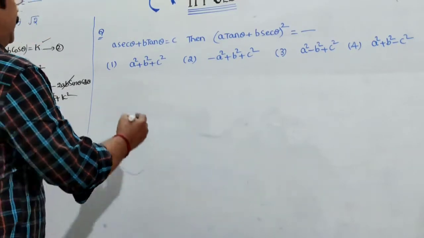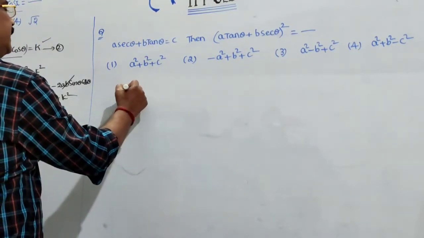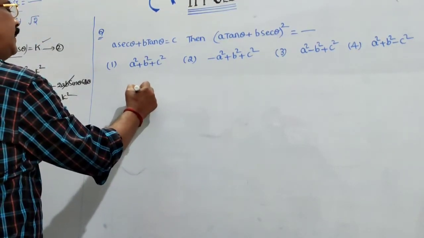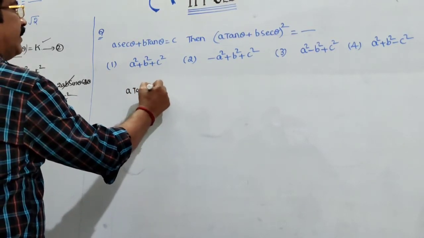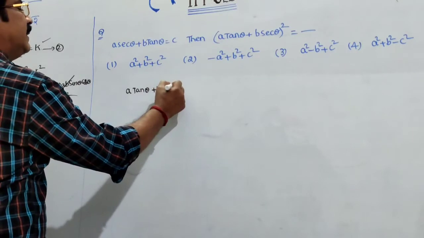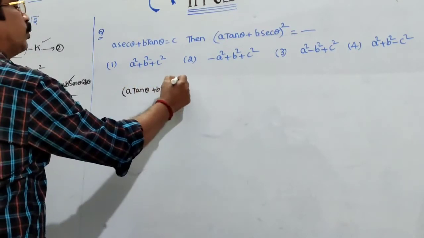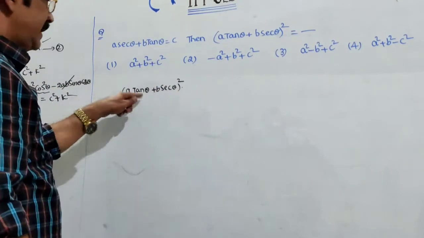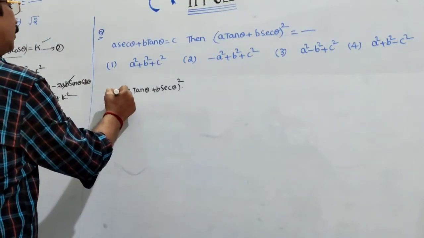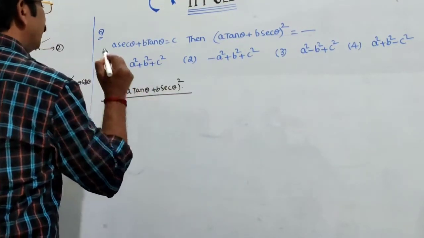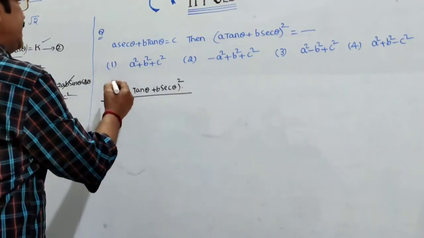Understand? Right. Let us consider (a tan theta plus b secant theta) whole square. We have to find this value. This is our question. Okay, what is given?